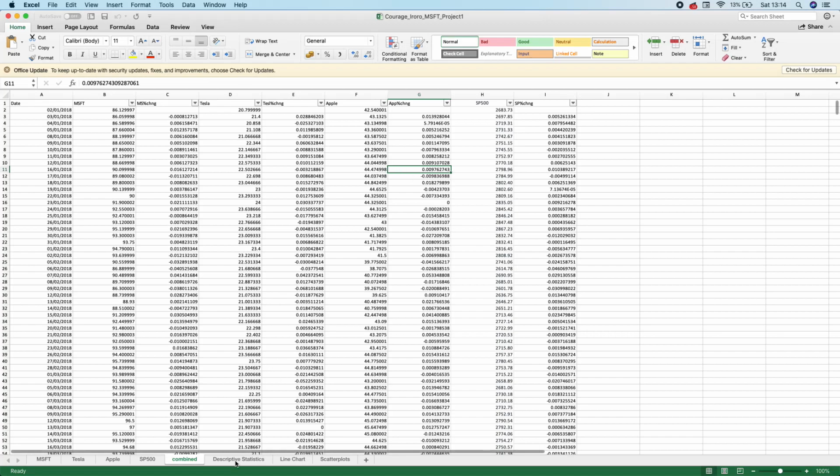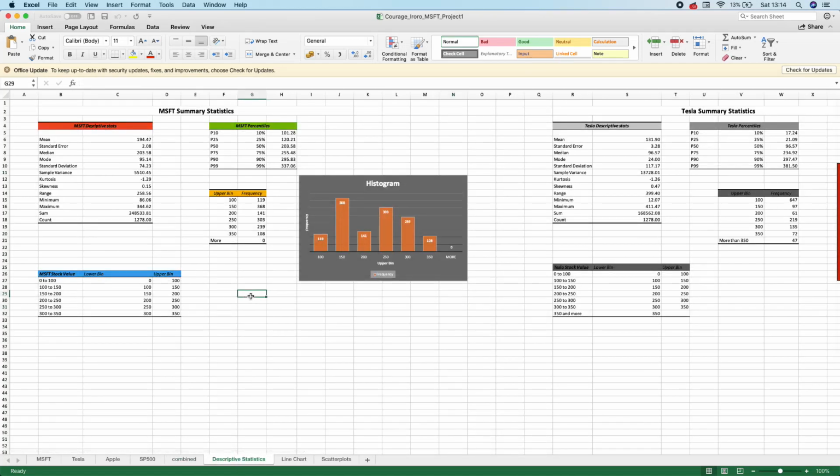And then first off, we're talking about the descriptive statistics gotten from the data set. So the very first tab we're looking at is Microsoft. And yeah, so we can see the mean, standard error, median, standard deviation. I'll probably just explain some of these. The standard error basically indicates how different the population is from the sample.